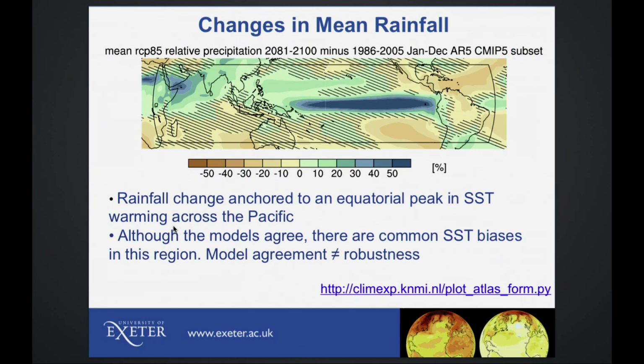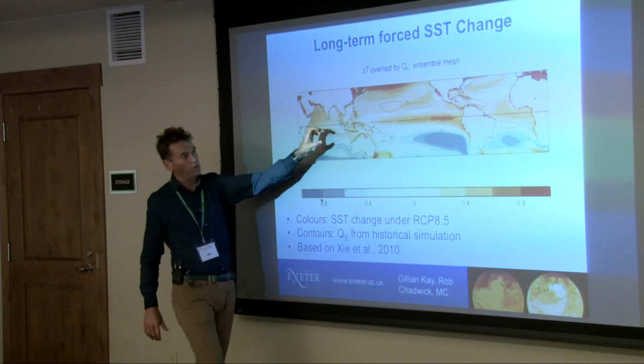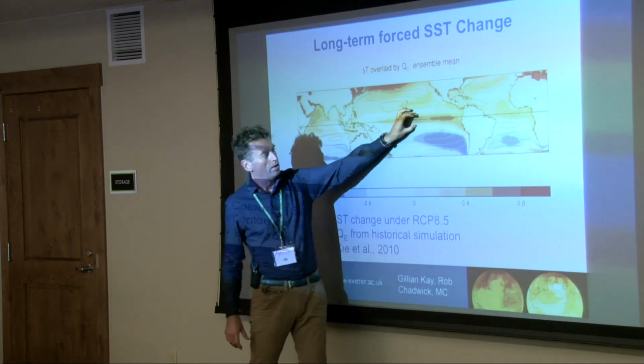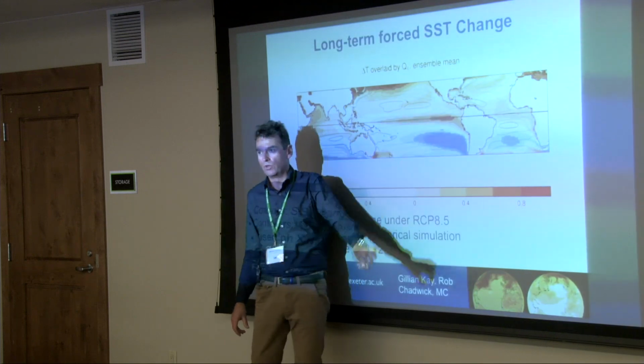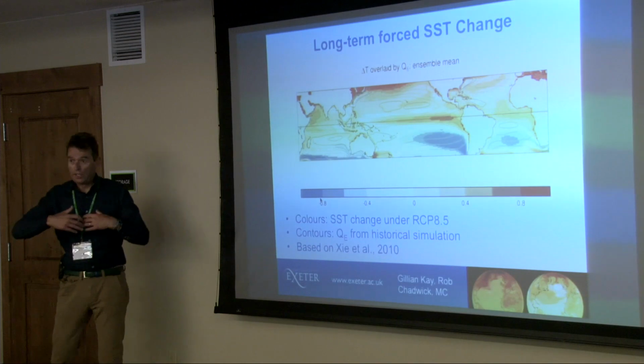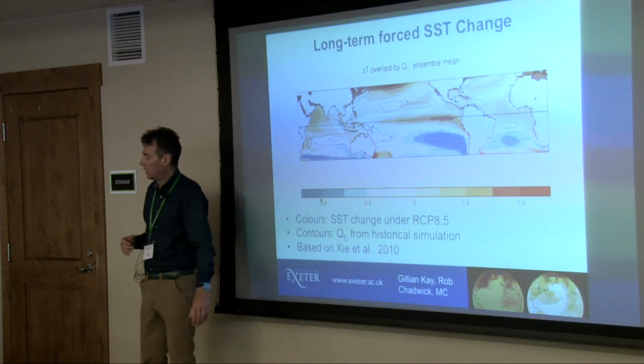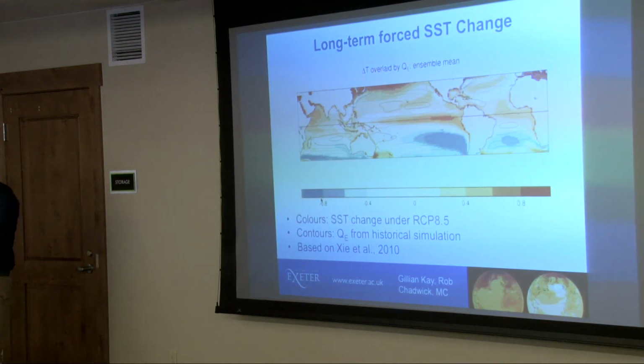And this sort of mean pattern of rainfall looks a bit like an El Nino if you're looking in rainfall space, and it's tied to this fairly robust pattern of equatorial warming in the models. So it's this mean pattern of SST change that is feeding through onto ENSO teleconnections and these extreme events.